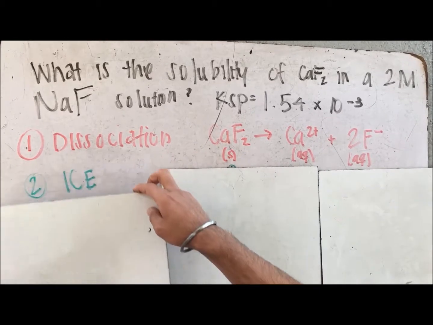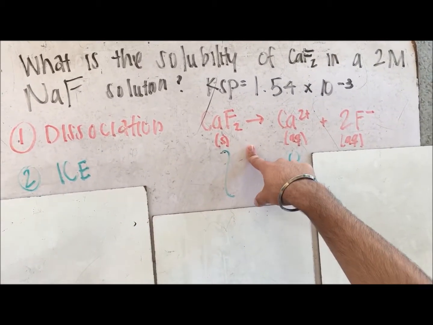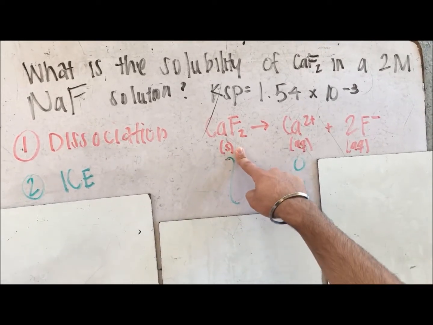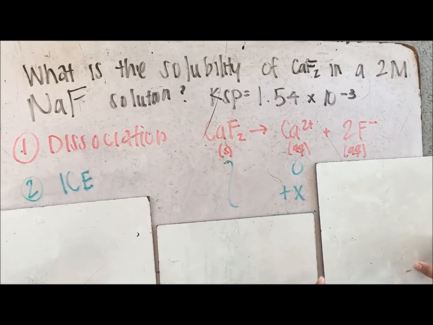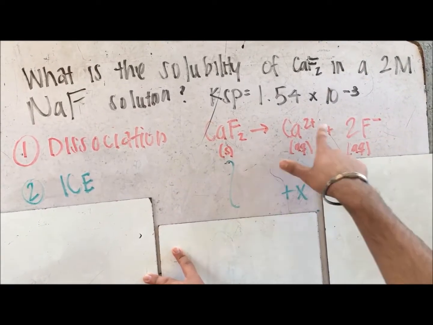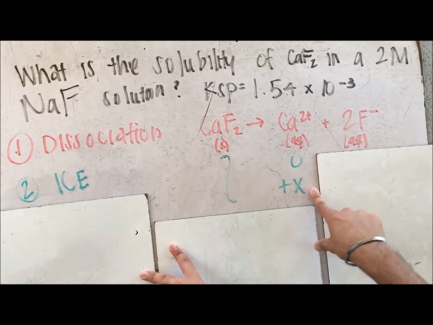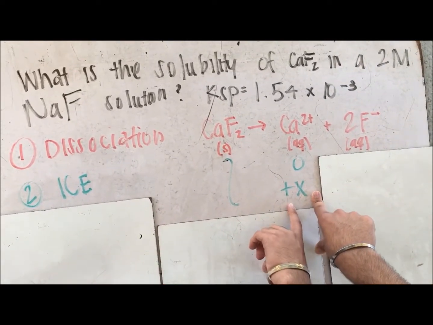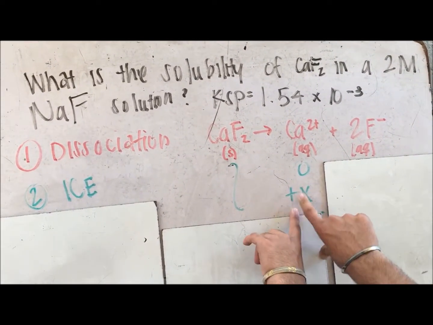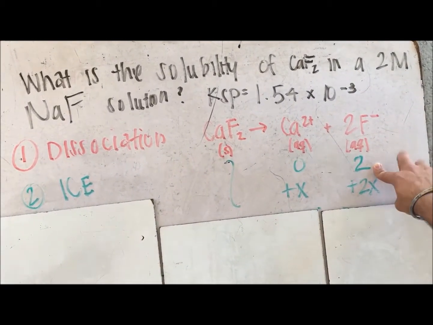Next step is to write the ICE table. We drew a line through calcium fluoride because this is a solid and solids do not count in the ICE table. So we have 0 molar calcium 2 plus in the solution at the beginning of the reaction, so we put a 0 here, and we're going to be making plus x. We do not know how much it is, so we put plus x. And then we put a 2 here. Why did we put a 2?